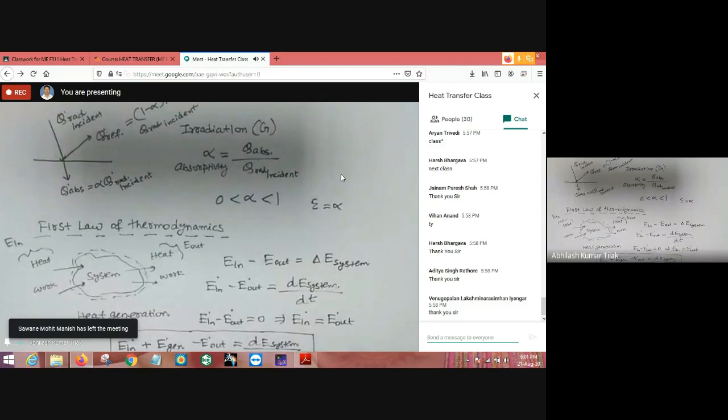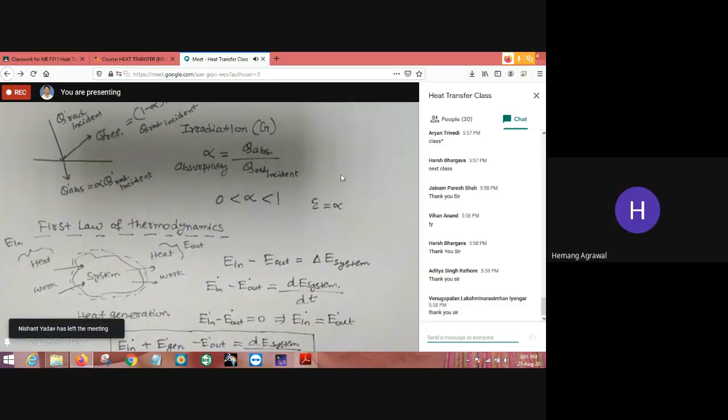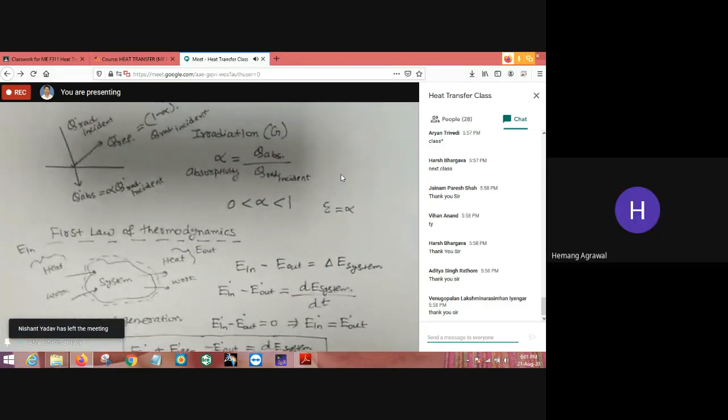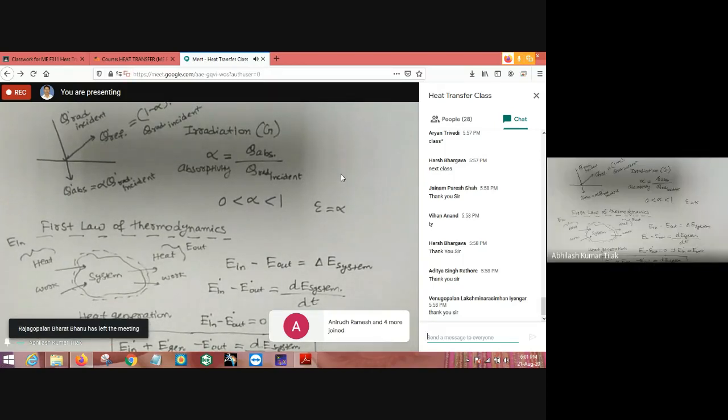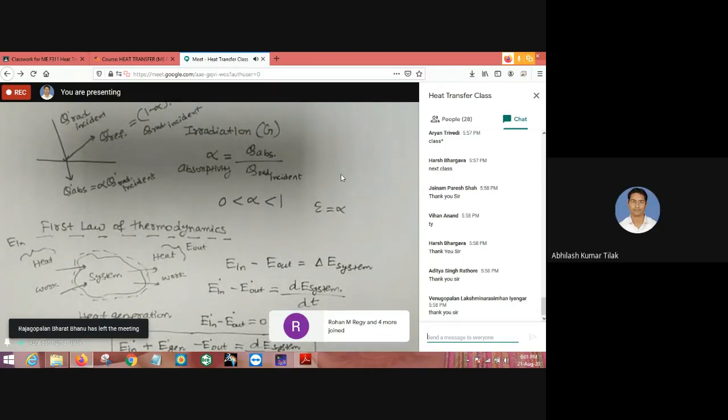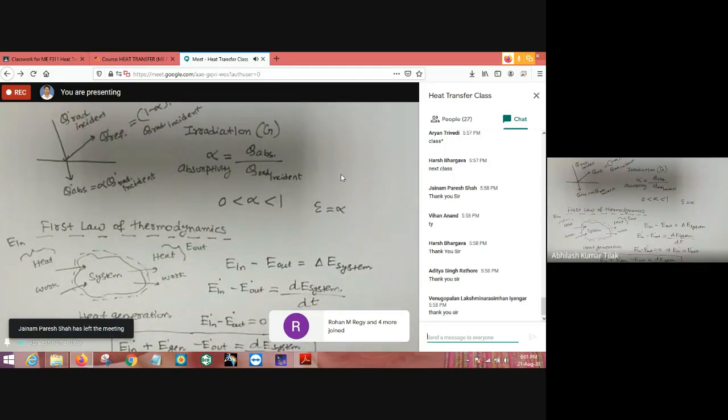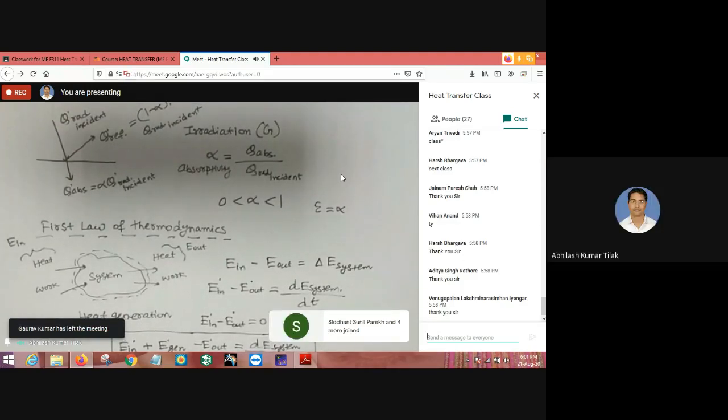So epsilon also depends on the color of the body and the surface finish. Yes, it depends upon the surface finish. Obviously, if you place white paint over the surface, its emissivity is going to change.